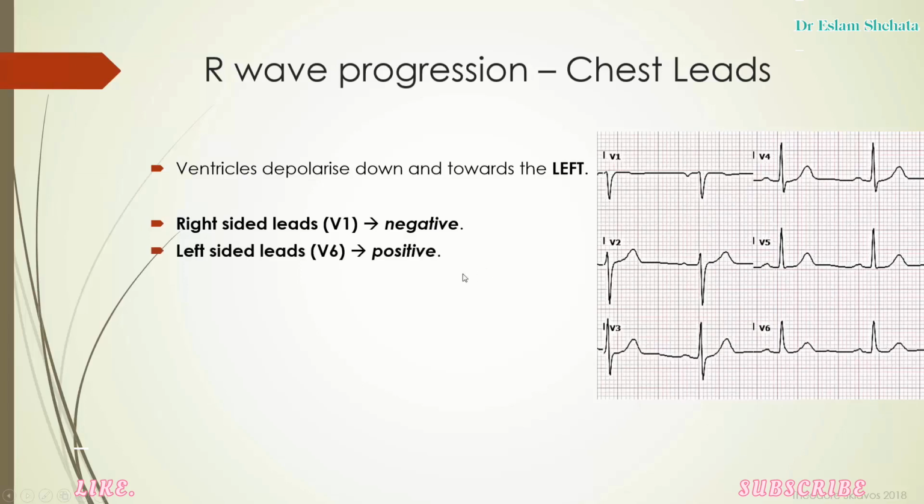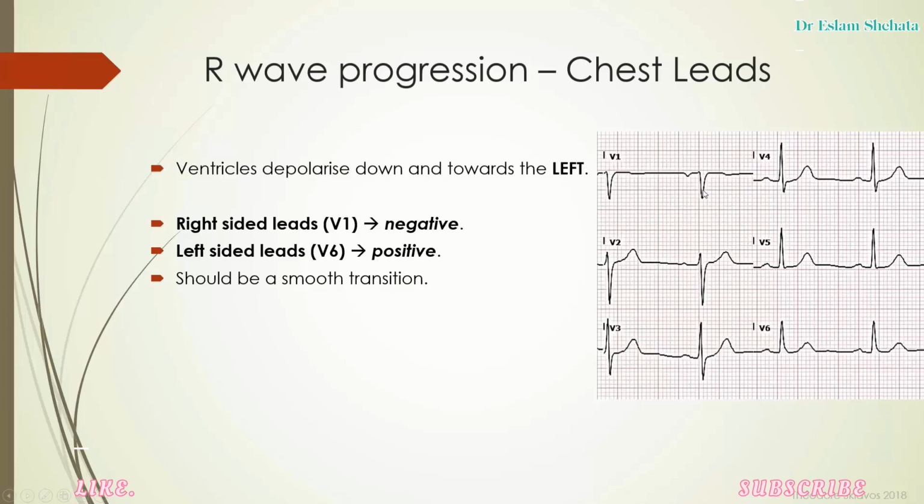At the same time, we're depolarizing towards the left-sided leads, so V6 should be positive. When we say R-wave progression, all we really mean is that there's a gradual, smooth transition between the negative V1 and the positive V6, and you can see that really nicely in this example here.